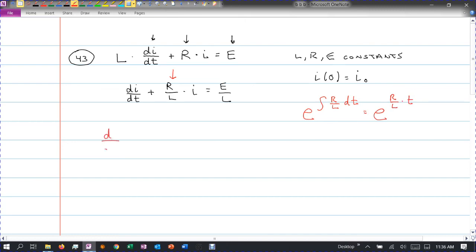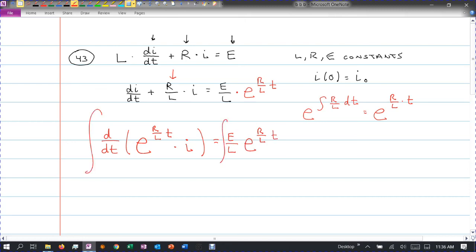So the left-hand side is the derivative of the product of our integrating factor, e^((r/L)t), times I. And then we have equals, now we need to multiply this here by e^((r/L)t). So (E over L) e^((r/L)t). And now we're going to integrate this with respect to t.